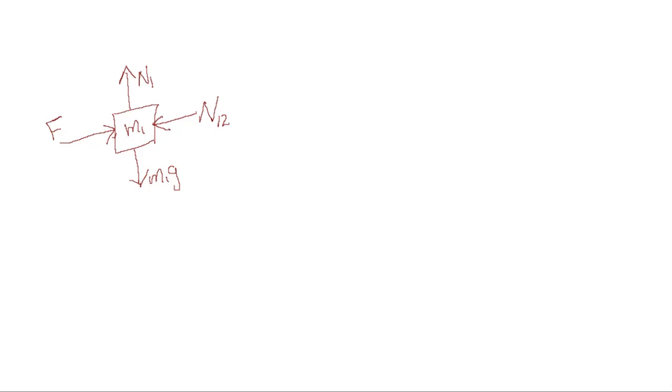So the equation of motion for M1 in this free body diagram can be written as F minus N12 is equal to M1 times the acceleration of the body.